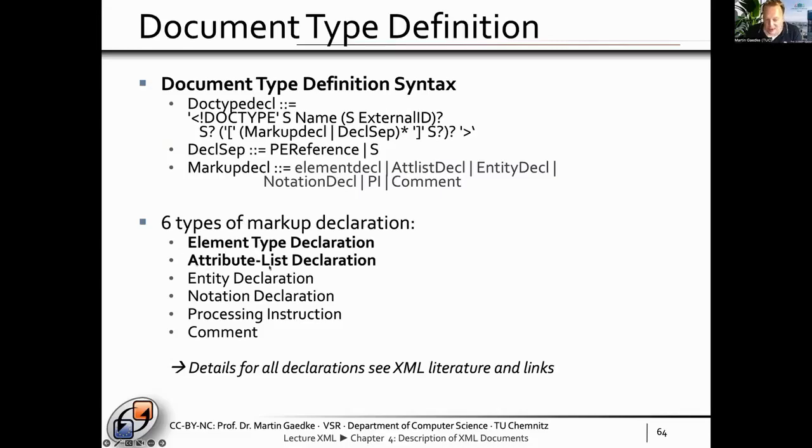We will not go into detail regarding entities and the other notations, but let's talk about the element type declaration and the attribute list declaration. How can we specify in a grammar that a certain element should exist or must exist in our well-formed and valid documents?